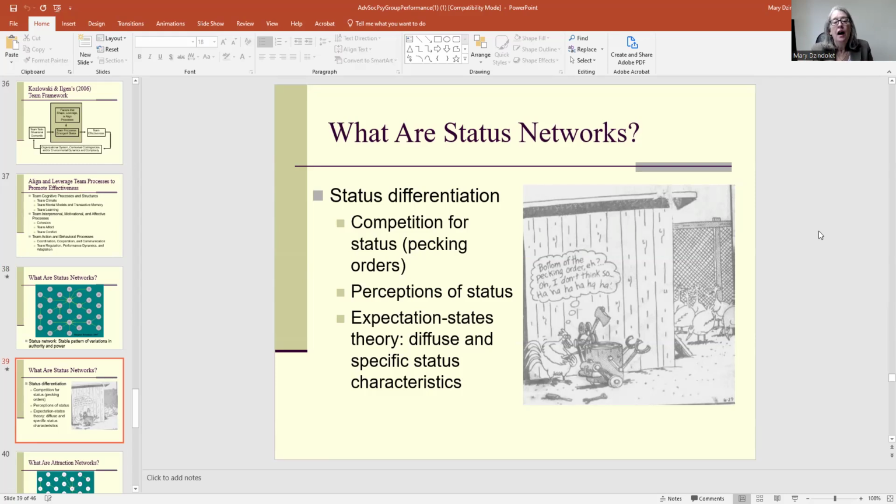And that status network really plays a role in how easy it is to get things done. If people who have high status in the network want to not allow a particular process to happen, probably they'll be able to ditch it. And it will be hard to get that team on board if you don't get these high status people on board.